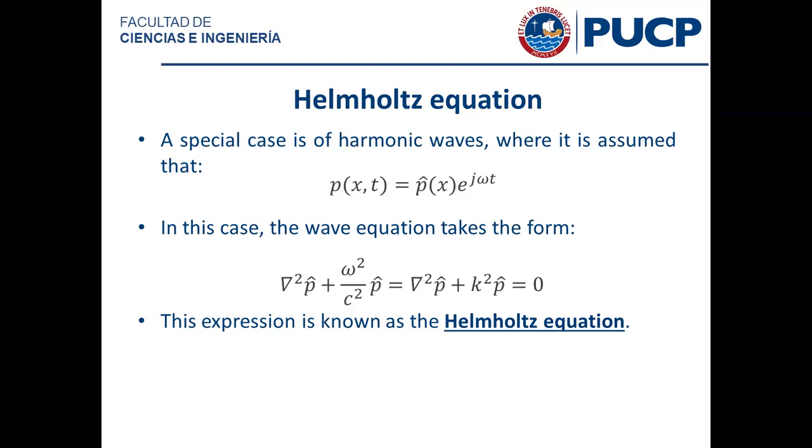We define the variable k. K is called the wave number, okay, which again is the ratio of omega, the angular frequency, divided by c, the sound speed, is equal to 0. And this expression is known as a Helmholtz equation. Has a name, right? And it's very well known in physics.